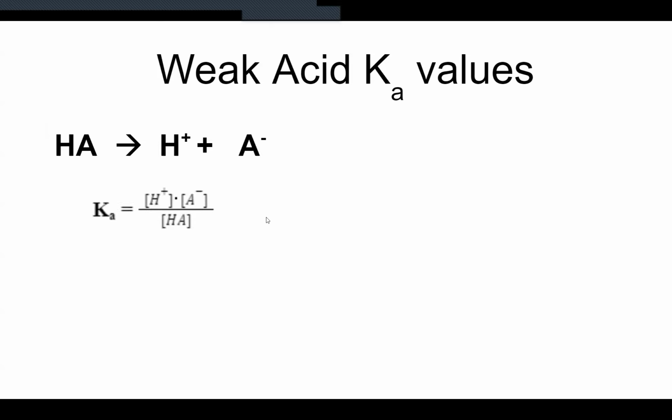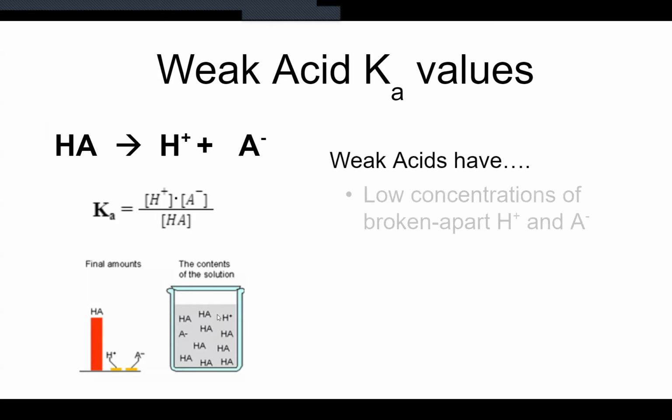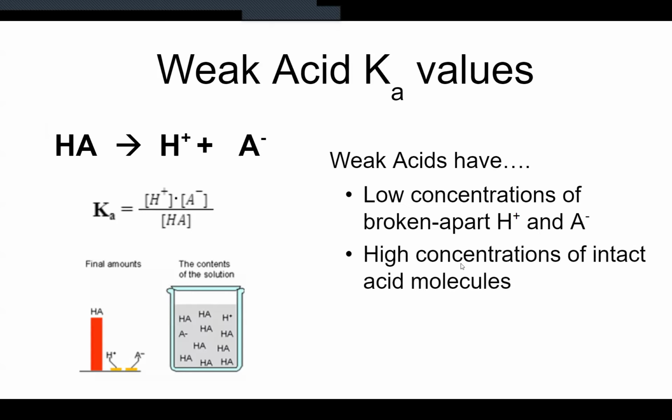Contrast that with weak acids. Same equation, same equilibrium constant expression. Take a look at the final contents of solution. It's mostly intact acid. Weak acids have low concentrations of broken apart H+ and A-. They have high concentrations of intact acid molecules and thus small Ka values.